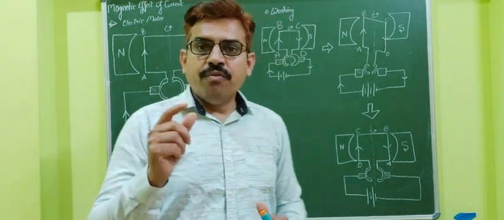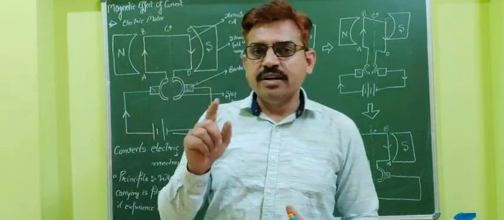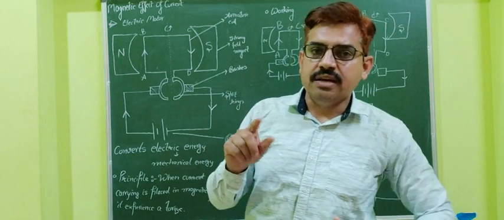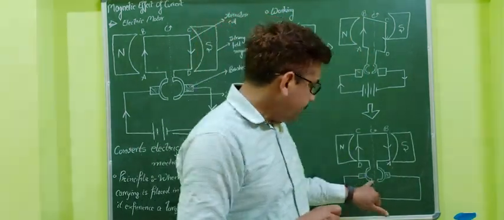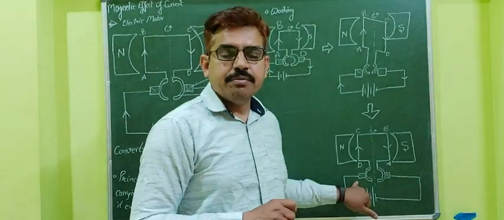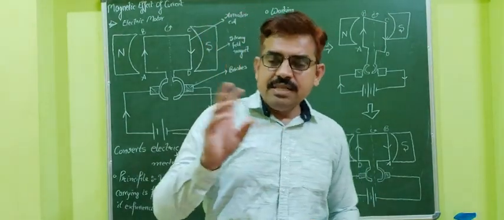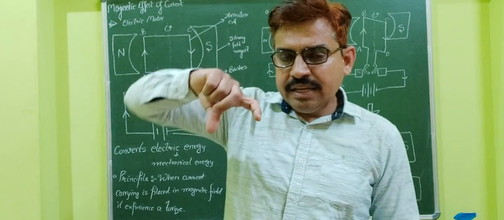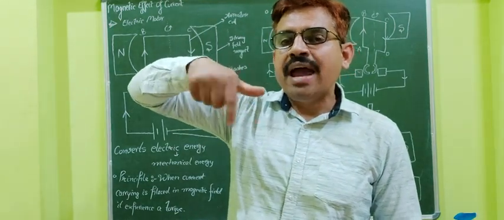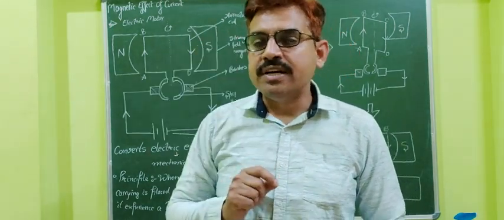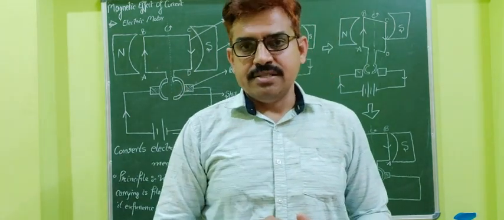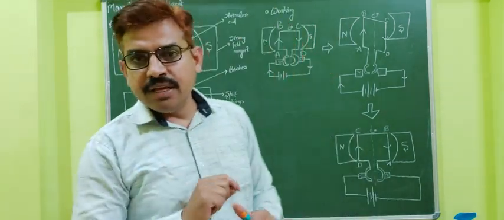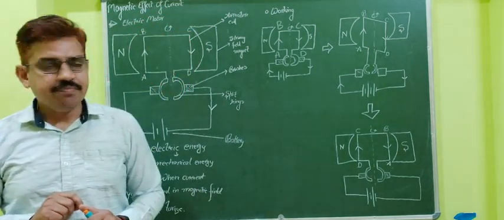What is the commutator doing? The commutator is just going to reverse the direction of the current, and the commutator makes contact with the brushes. So in this way the armature continues to move, and we are able to convert electrical energy into mechanical energy. So this is the working of the electric motor.